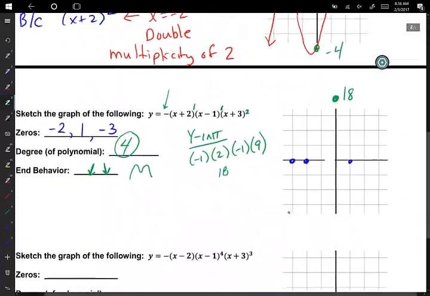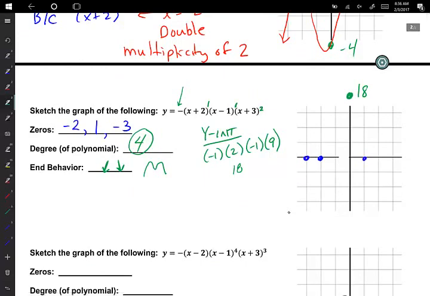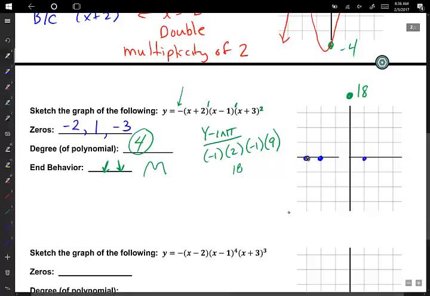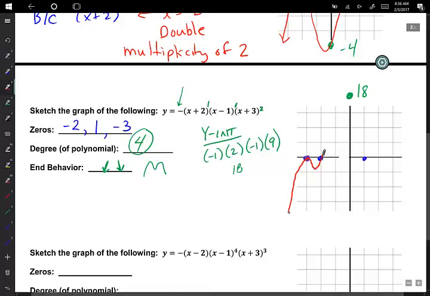All right, so let's try to do a sketch here. Do I have any double roots? Okay, so my double root is at x plus 3. I'm going to change that one to purple, just so I know that's a double root. So here we go. We're going to start low. When I get to that double root, I turn around and run away. Now I've got to get back up through this blue dot, so I've got to go up, and I've got to get up to 18.